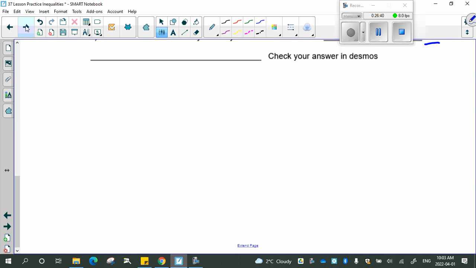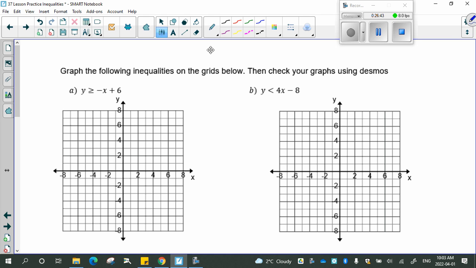All right, next. Graph the following inequality on the grids below and then check our answers using Desmos. The first thing to do, step 1, is to draw the boundary line. We just replace whatever inequality sign is here with an equal sign. So we have to draw y equals negative x plus 6, which we learned how to do in the last unit.